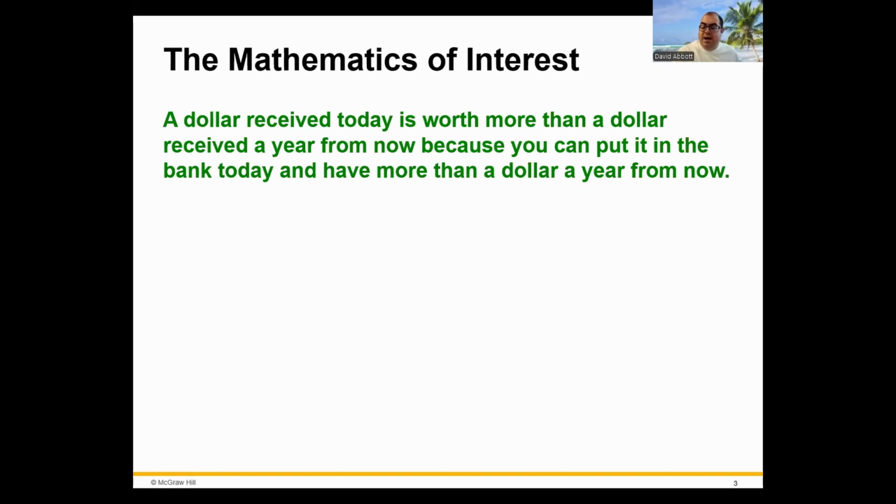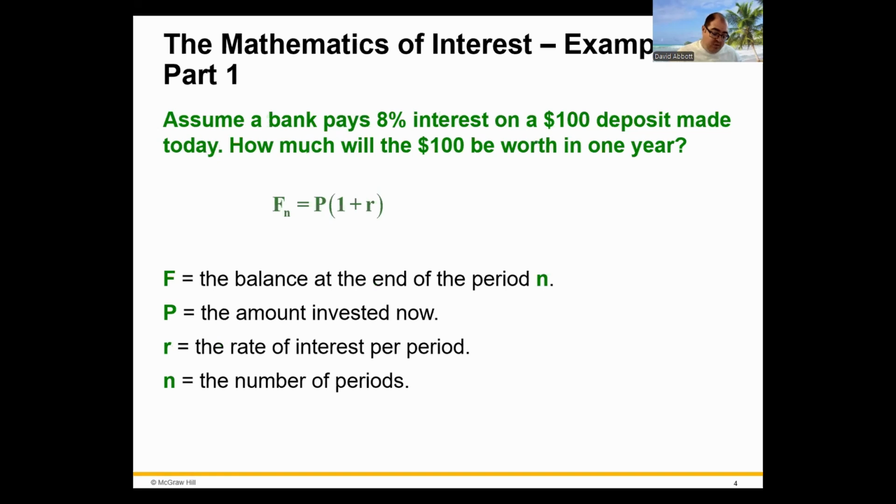You're better off receiving the money today than in the future, because if you receive the money today, you could keep it in the bank and earn interest or invest it. So let's assume that a bank pays 8% interest on a $100 deposit that you make today. We need to figure out what that $100 would be worth in 1 year.